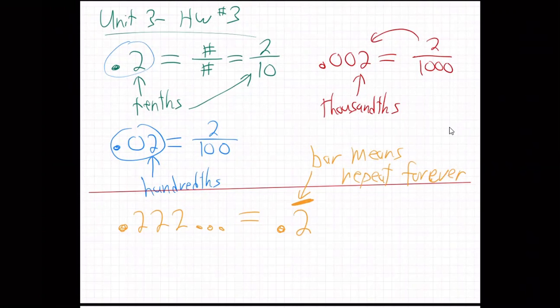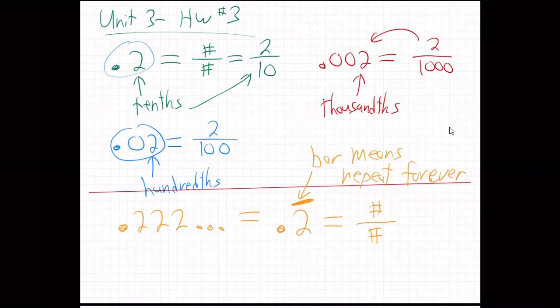But our real goal today is to find out what's the fraction. Like what number over what number is going to make 0.2's forever? How does that work? Any ideas? What number over what number? Guys, have your calculator?